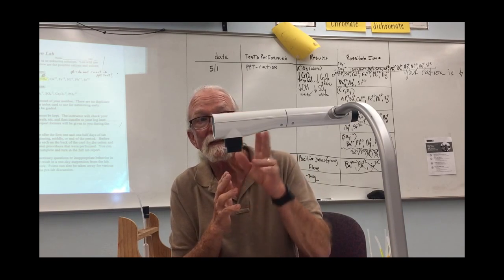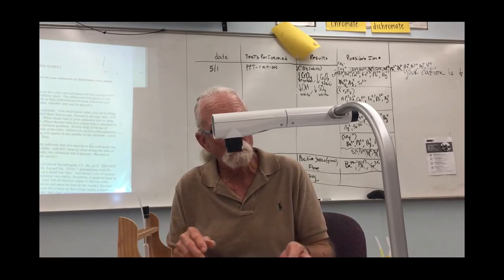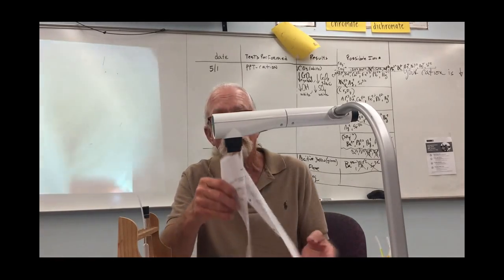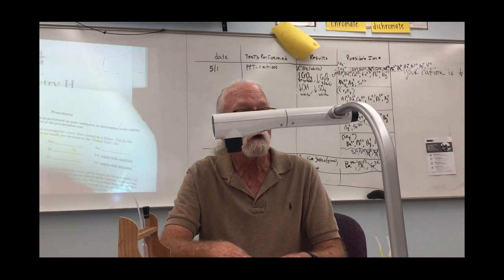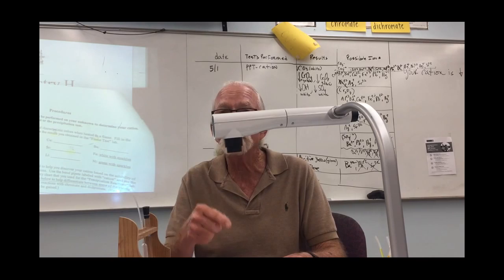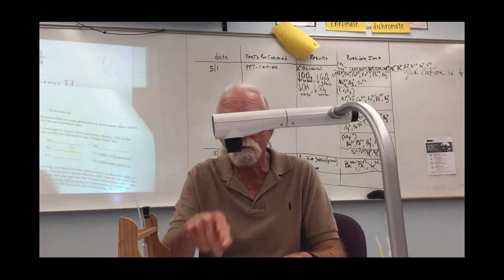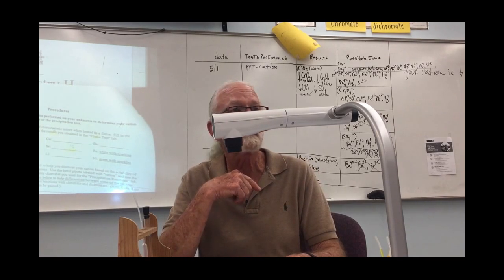There are 2 places in the back to do the flame test. So if we look at the precipitation portion, the cation portion of the lab right here, the first test is the flame test. You don't have to do these in that order, but if I'm doing the cation, I'm either going to do the flame test or the precipitation test first.